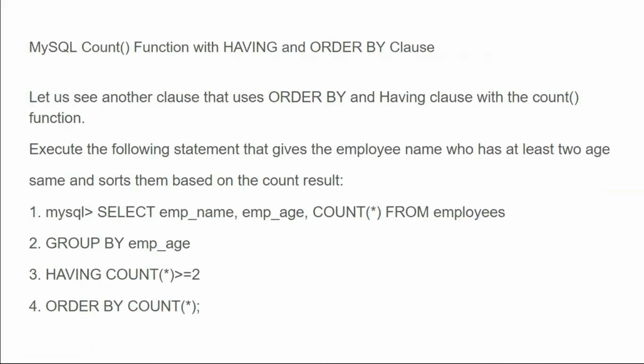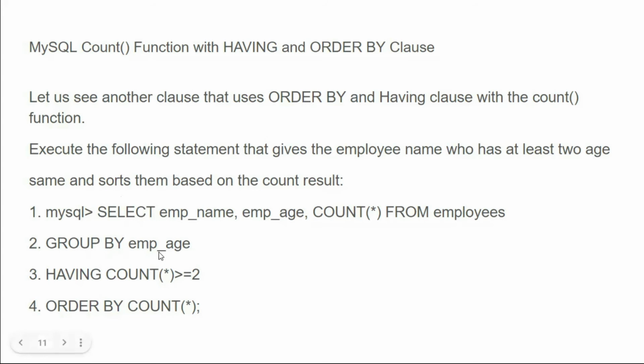And how can this count function be used along with having and an order by clause? We have already studied order by, which is used to make the result set ascending or descending. So we'll execute a query that gives the employee names whose at least 2 ages are the same and sorts them based on the count result. So select employee name and employee age, count star from employees.